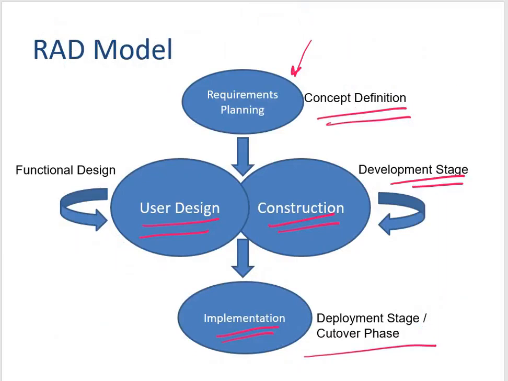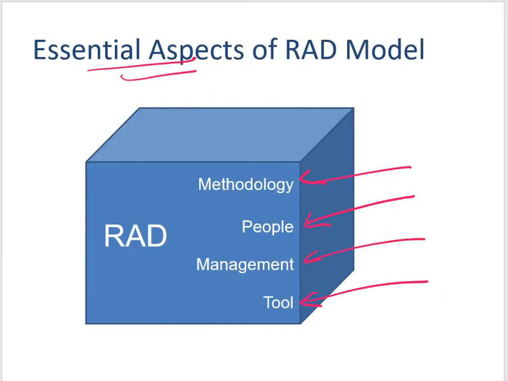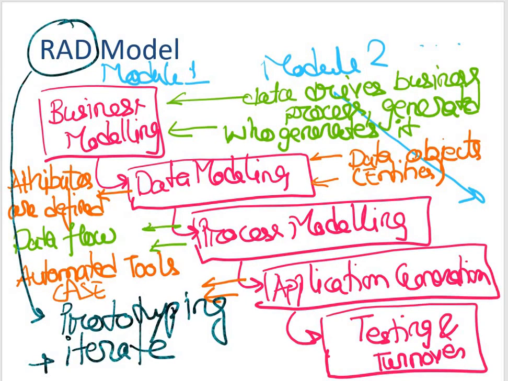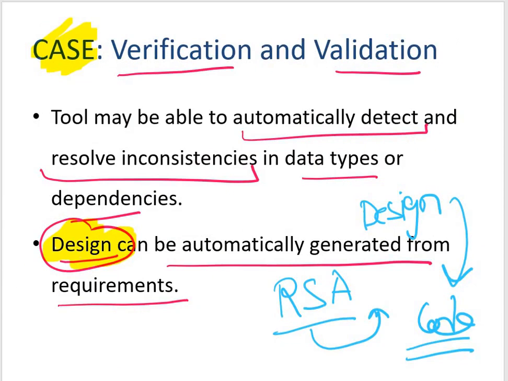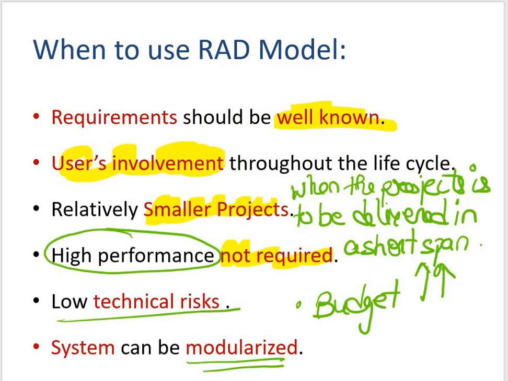Then the essential aspects of the rapid application development model, how it actually works, and then we have several models which are working. And then we looked into the verification and validation in terms of CASE, when to use it, and some of the drawbacks. All these things we saw in our previous video.